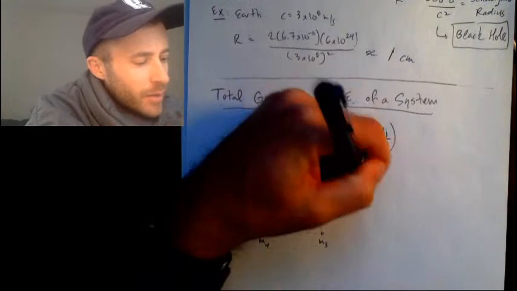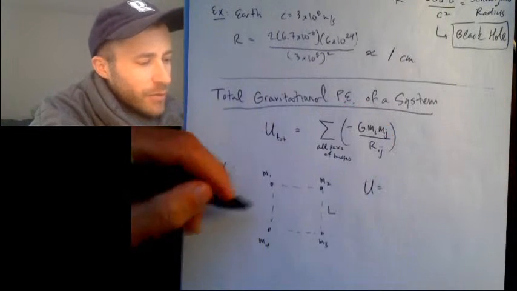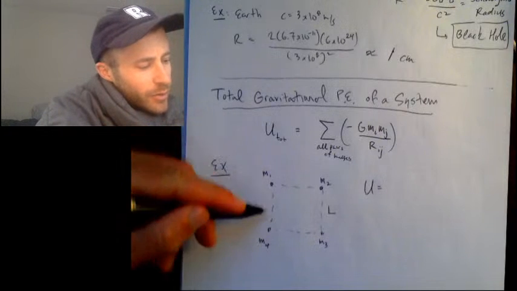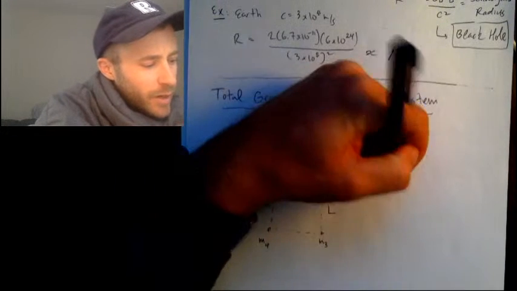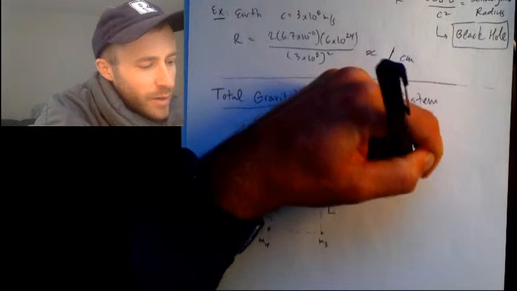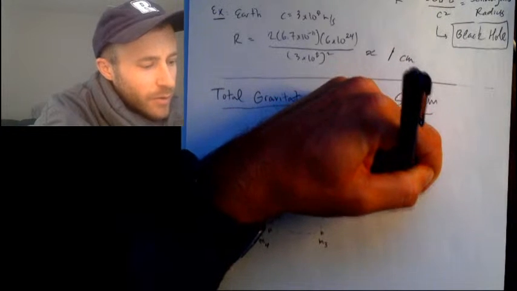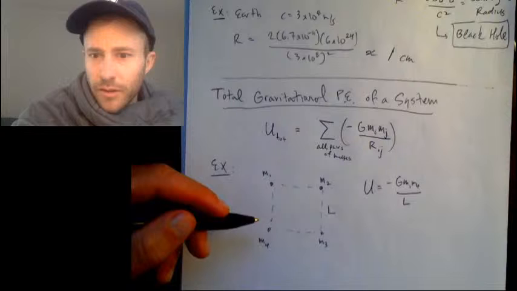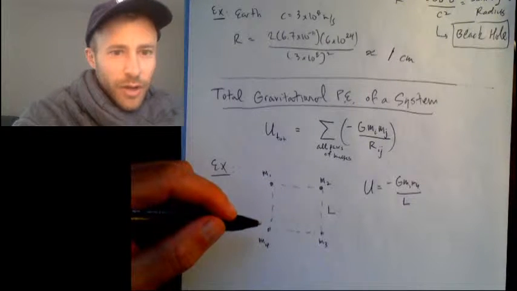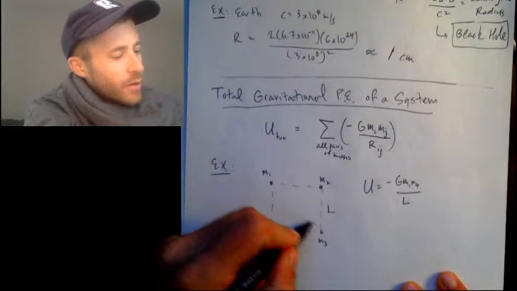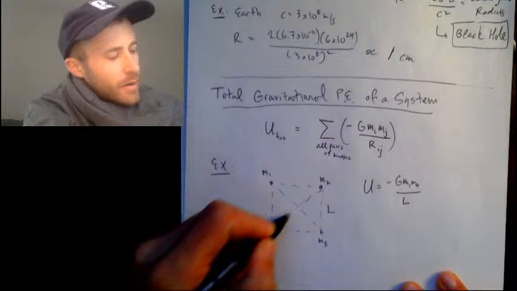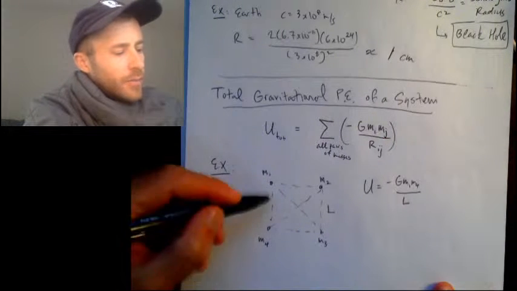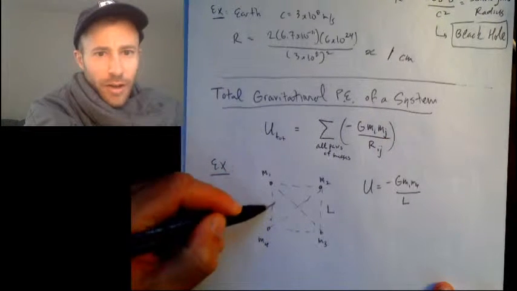While I do that, I'm going to write down the total gravitational potential energy. So this would be minus big G M1 M4 over L. That would be this pair. Exactly, so the diagonals. You have 2 diagonals as well. So I took care of that pair.